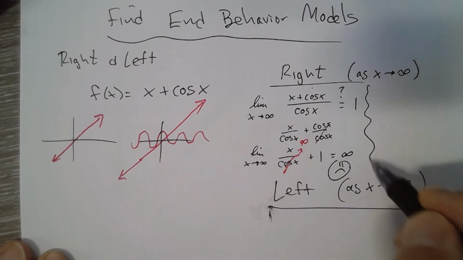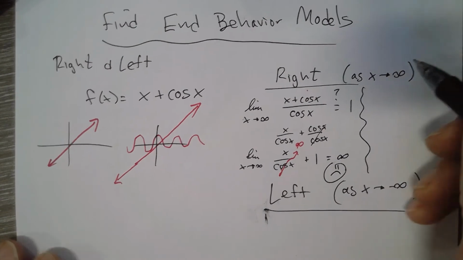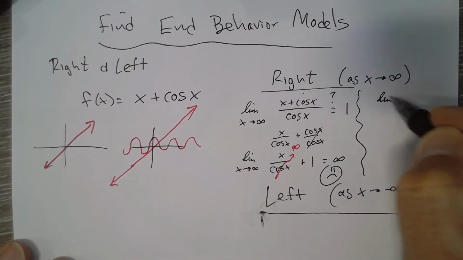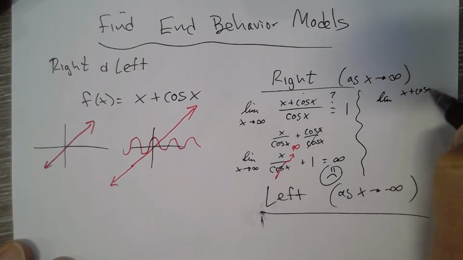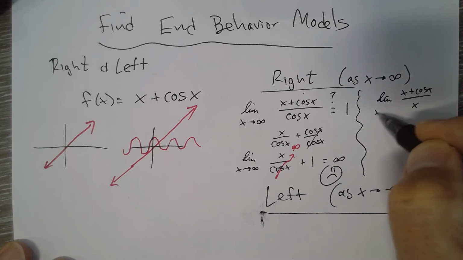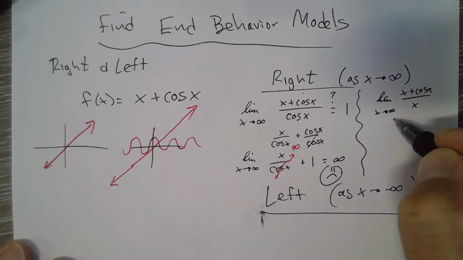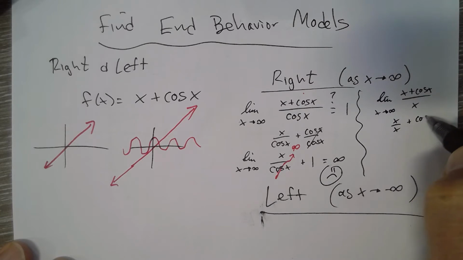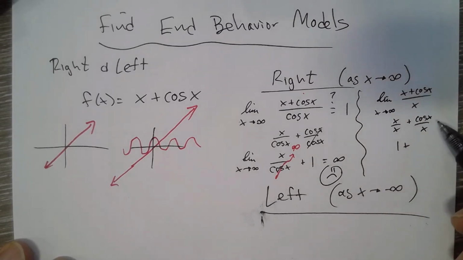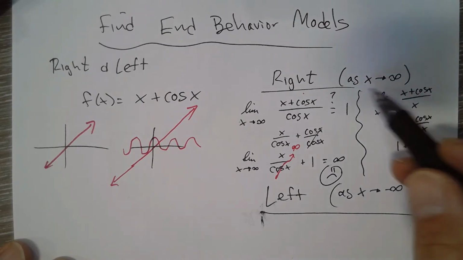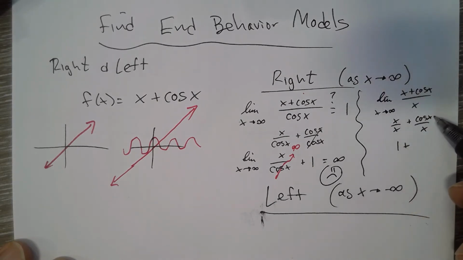We'll go back and squeeze in here. Limit of x plus cosine x over the correct answer, x, as x goes to infinity. Separate them: x over x plus cosine x over x. This is 1, so 1 plus the limit of cosine x over x as x goes to infinity. That's going to be a small over large.